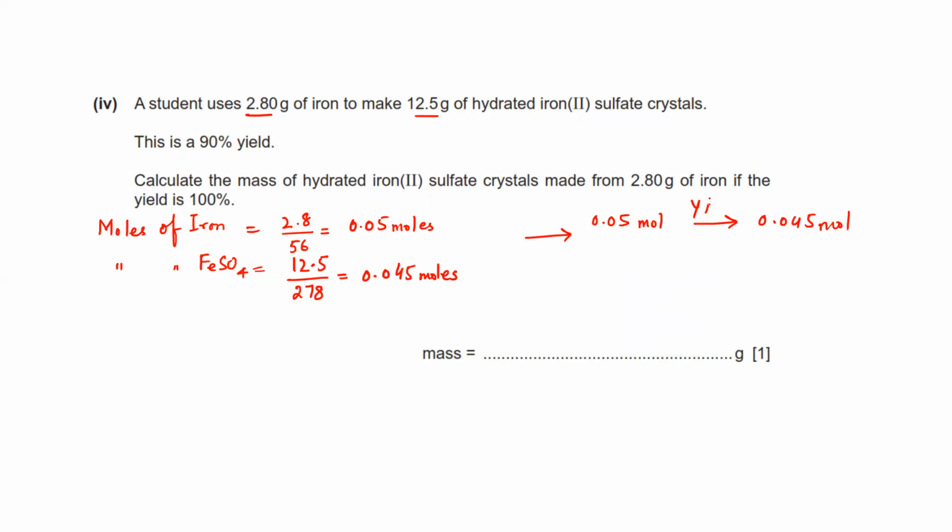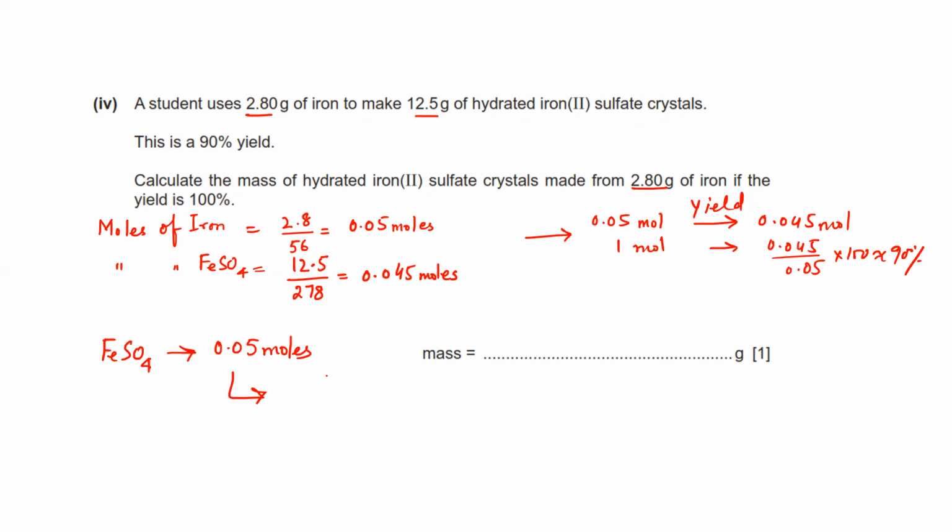So 1 mole yield 0.045 divided by 0.05, times 100, and this comes out to be 90%. So this is how this 90% comes. So calculate the mass of hydrated iron sulfate made from this if the yield is 100%. So if the yield is 100%, number of moles of FeSO4 will be 0.05 moles.